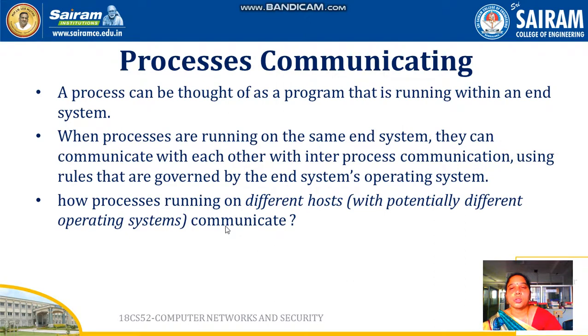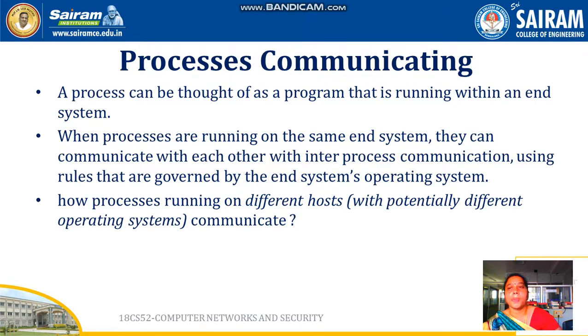Next, processes communicating. What is a process? Actually we need a process to communicate with each other. If you take the data link layer, it will communicate with the next neighboring host.